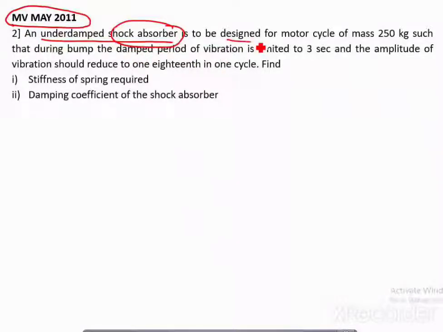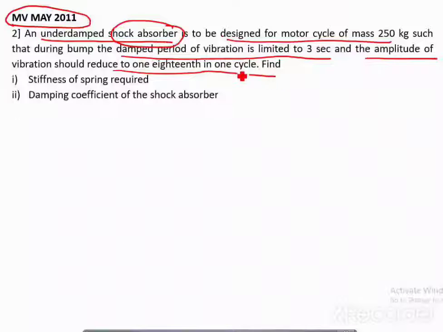It is designed for a motorcycle of mass 250 kg such that during the bump the damped period of vibration is limited to 3 seconds, and the amplitude of vibration should reduce to 1/18 in one cycle. Find the stiffness of the spring required, K, and the damping coefficient of the shock absorber, C. This is what they have asked you to solve.